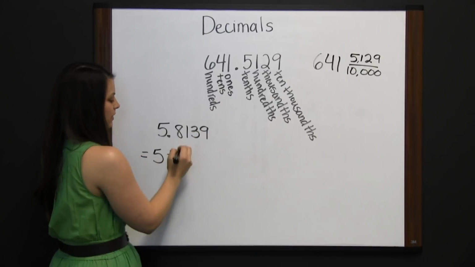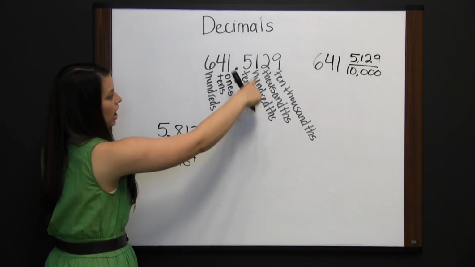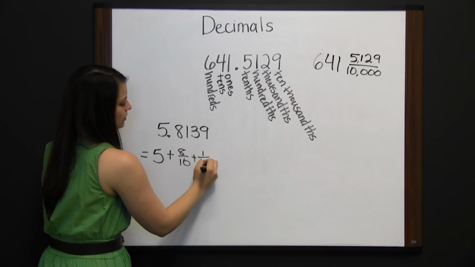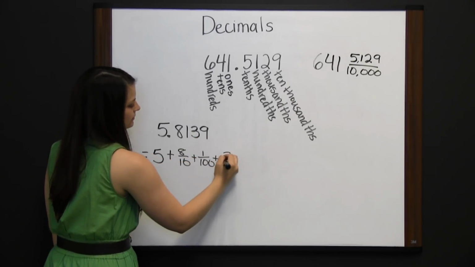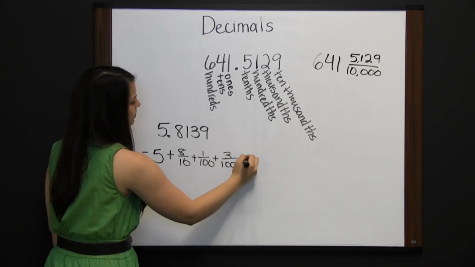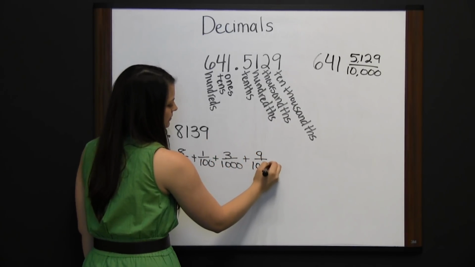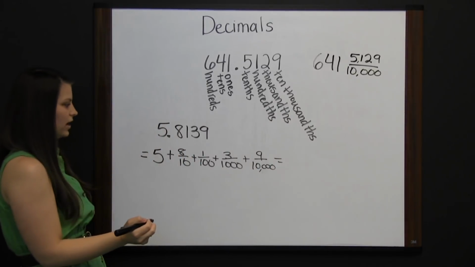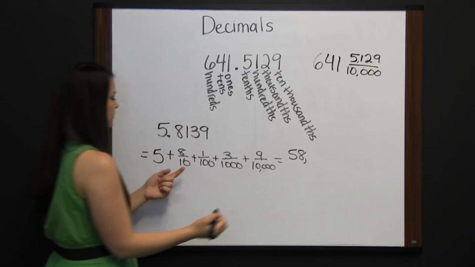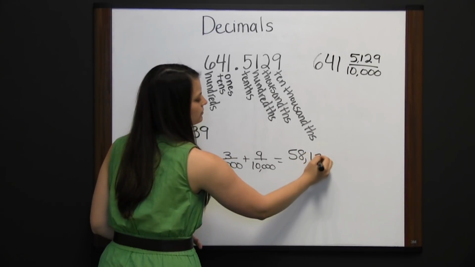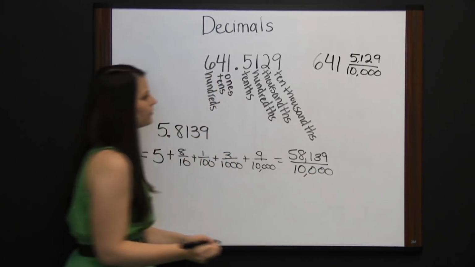plus 1/100ths, plus 3,000ths, plus 9 10,000ths, which would give us 58,139 10,000ths.